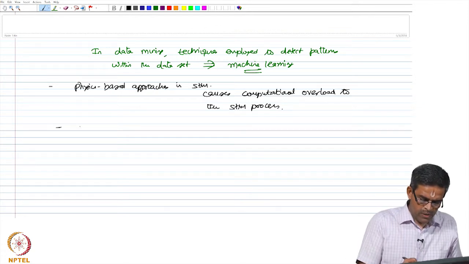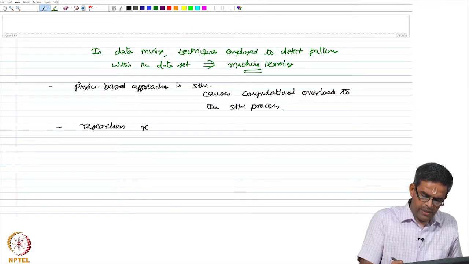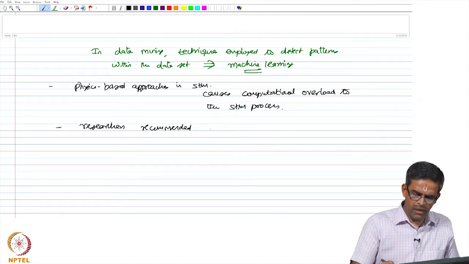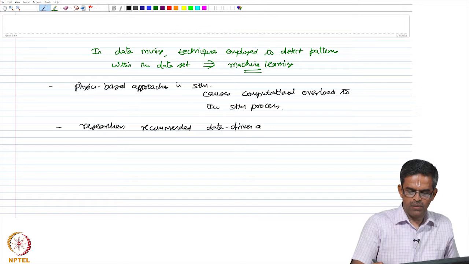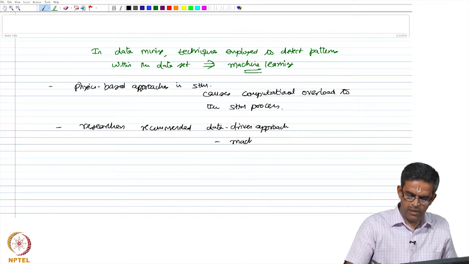Therefore, researchers recommended data driven approach, which is machine learning.